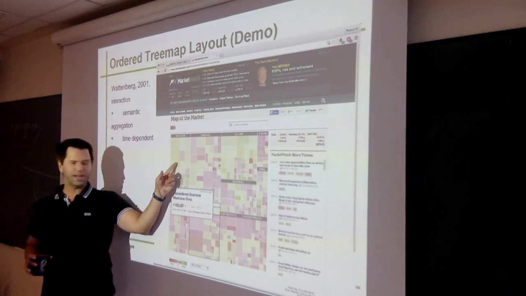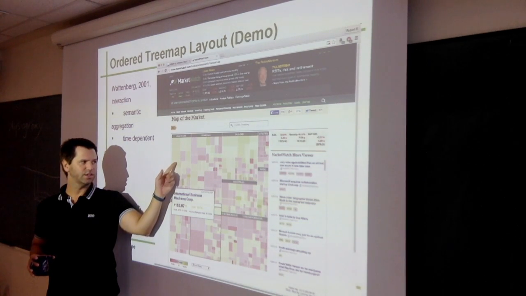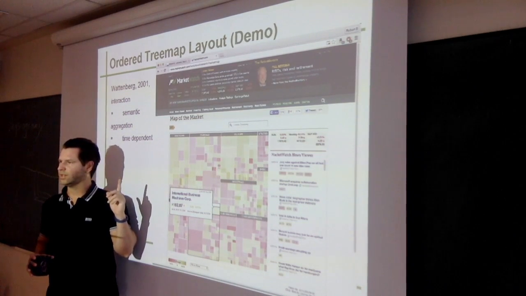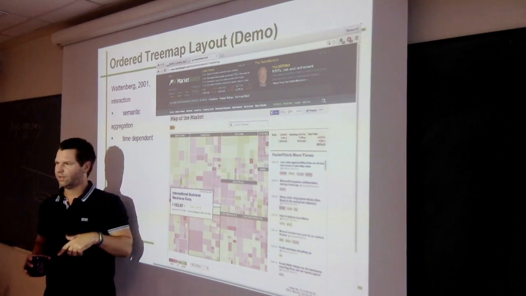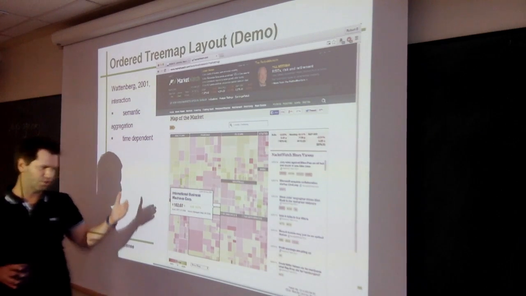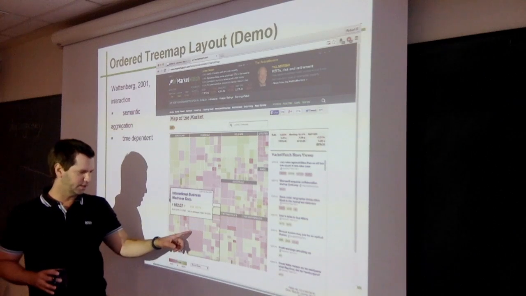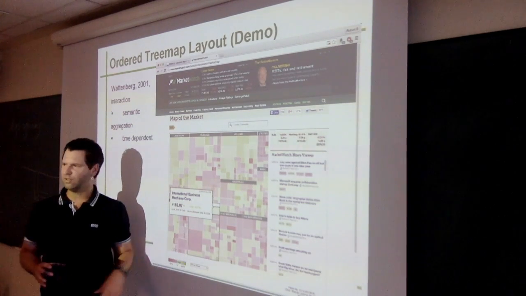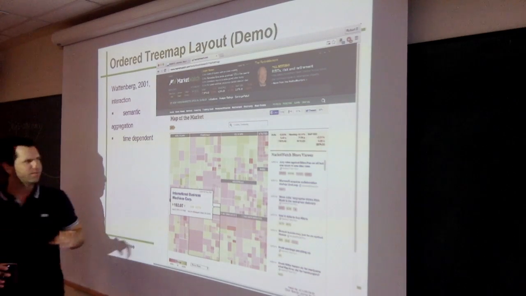The green means that the stock price of that particular share is increasing, and the red means it's decreasing. If it's very green, it increased a lot, and if it's very red, it's decreasing rapidly. The size of the rectangle is mapped to the volume of trade. It's such a great visualization.